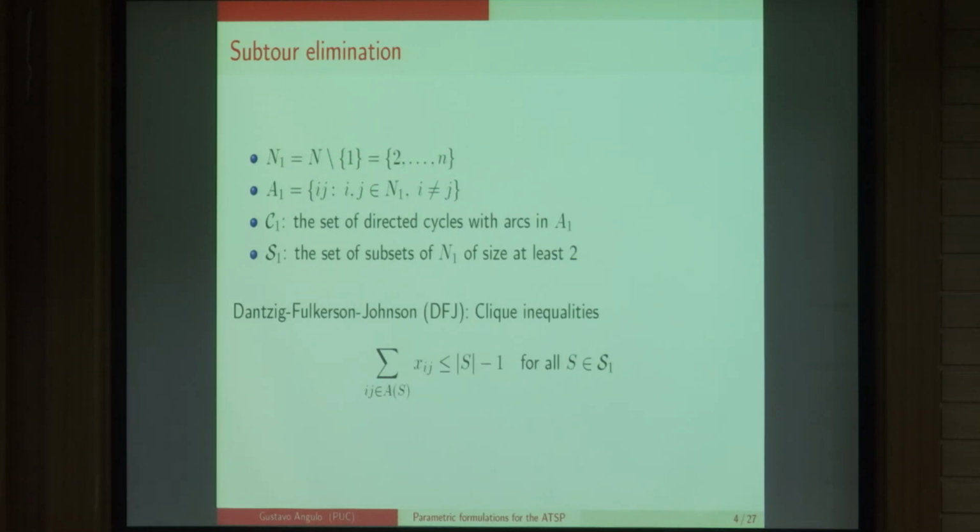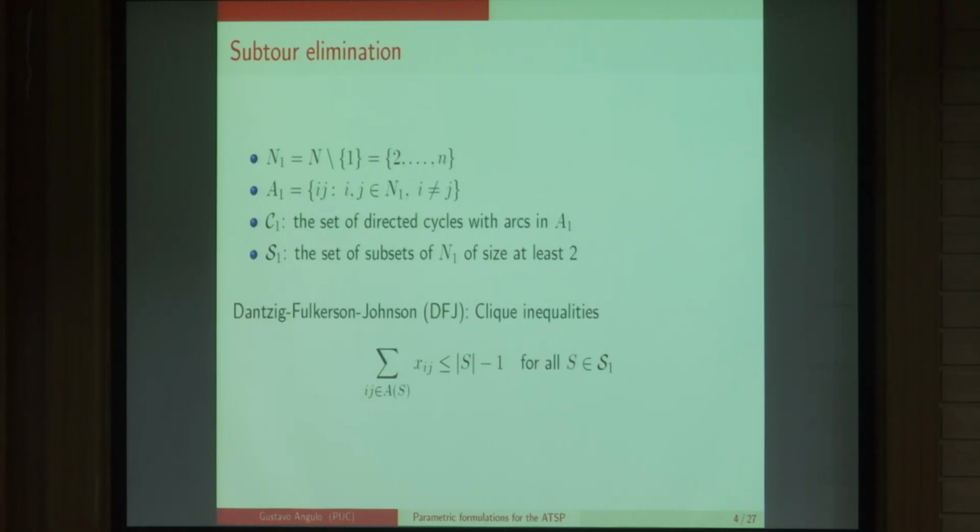A1 will be the set of arcs among the nodes different than 1. Then we have the set of cycles over A1. So these are all the cycles that don't go through node 1. And here S1 is the collection of subsets of N1 with at least 2 elements.